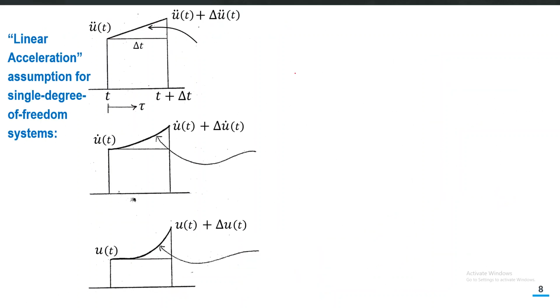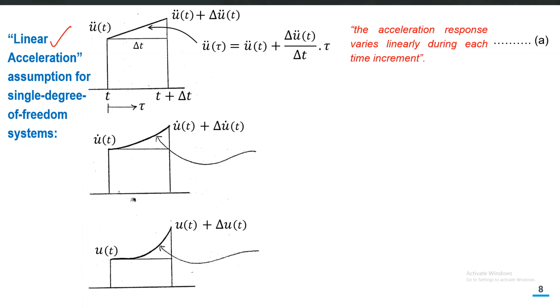Now, in the single degree of freedom system, we invoked a linear acceleration assumption. If you remember, at time instant t we have the acceleration u double dot as a function of time, and at t plus delta t we have the acceleration u double dot of t plus some increment.